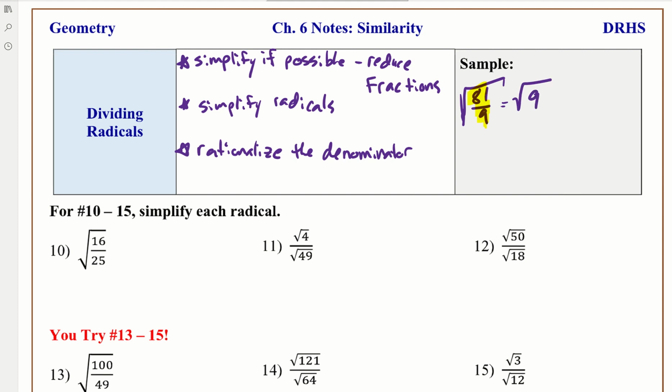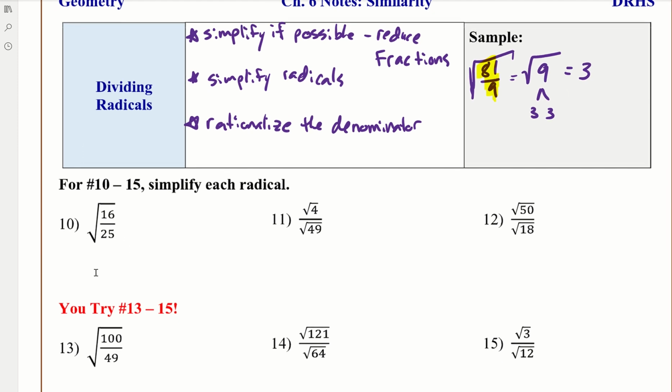So that part is done. Now I can simplify that radical, where the square root of 9, its prime factorization is just 3 times 3, but you should have this one in your head. The square root of 9 is just 3. In this case, we don't have to rationalize the denominator.